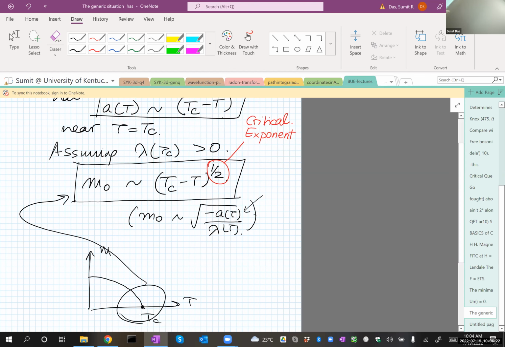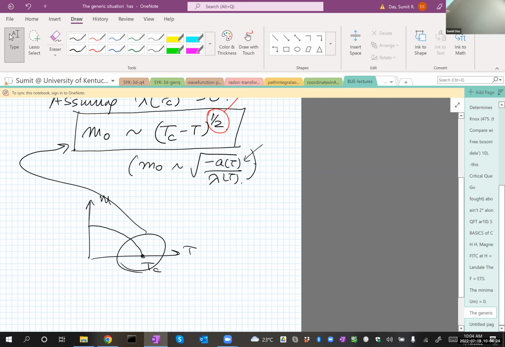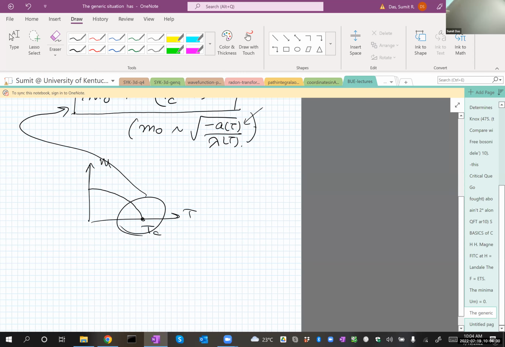Okay? You can go ahead and calculate other thermodynamic quantities from this. For example, the specific heat, which is two derivatives of the free energy, and they will all be described as some powers of T minus Tc.